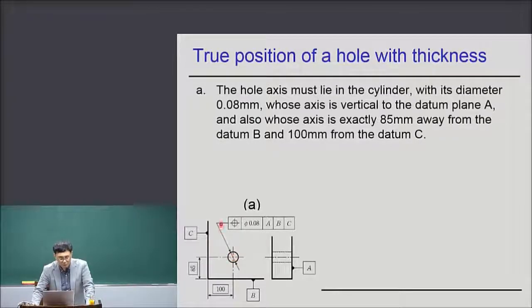The true position of the hole axis is defined from datum A, B, C. So datum A is the bottom plane, and B is this side plane, and C is this side plane. So from the ABC planes, the true position of the hole axis is pi 0.08, which means that if you define the geometric tolerance, then firstly you have to define the tolerance zone, right?